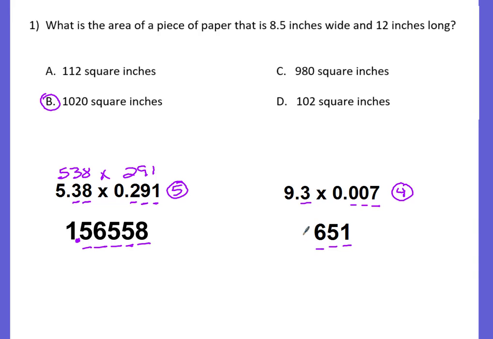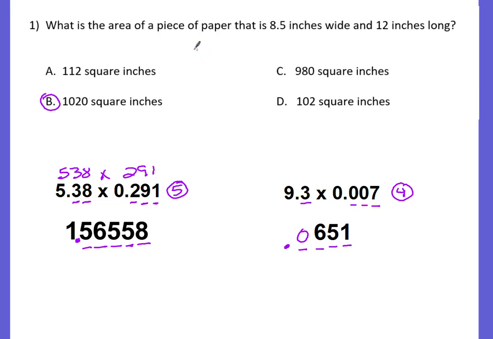Even though I'm out of numbers, I still need to draw my 4th line, because all of these represent the decimal place values. And when I have an empty spot, what am I supposed to do? That's right, annex a 0. So these are my 4 decimal place values, which means the decimal point goes in front. So this is the correct answer, the correct product for this problem.